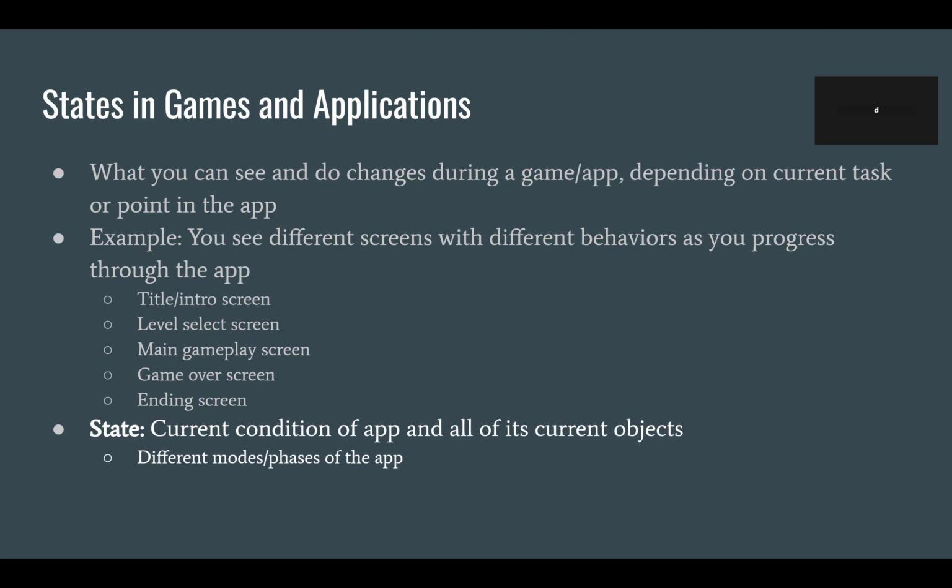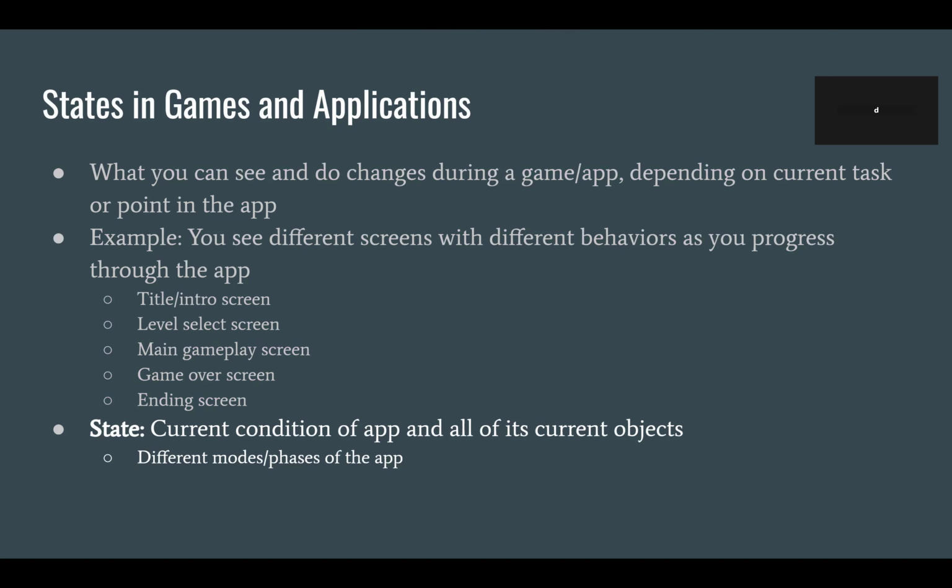So the main example that I would use is when you have different screens as you progress through an app or a game, right? So for a game, you usually start off with a title or an introductory screen. And there's usually a few things you can do.